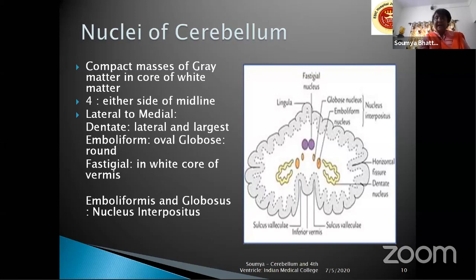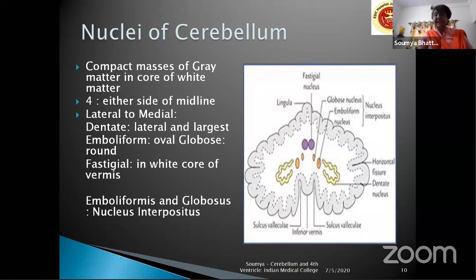One is these are compact masses of gray matter in the white core of the cerebellum. Number two is the nuclei are arranged either lateral to medial, you say, or medial to lateral, but sequentially and chronologically. If you are going from lateral to medial, the nuclei will be dentate, emboliform, globose, and fastigial.